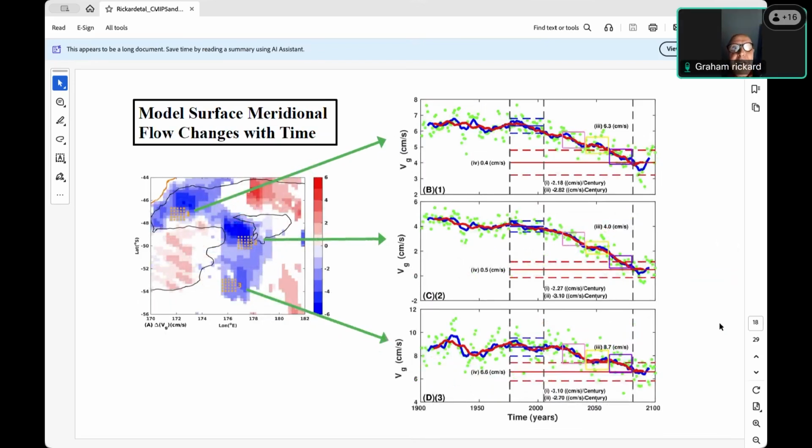These are examples of the northward flow. Again, the pattern is very similar: the flow is reducing in each of them. So what we're seeing here, even in the Southern Ocean, is that the connection between the flow in the Southern Ocean is weakened as it connects the cooler sub-Antarctic flow into the area.